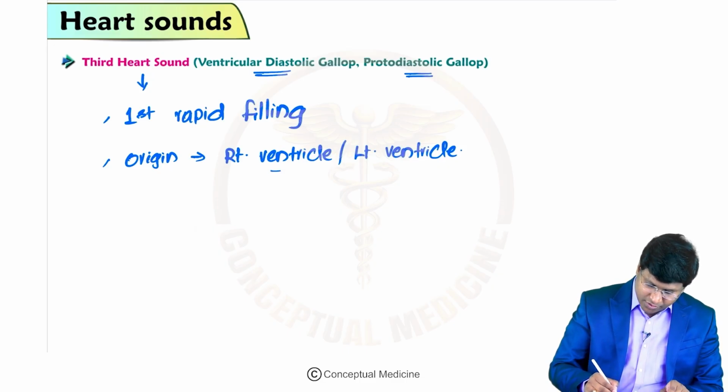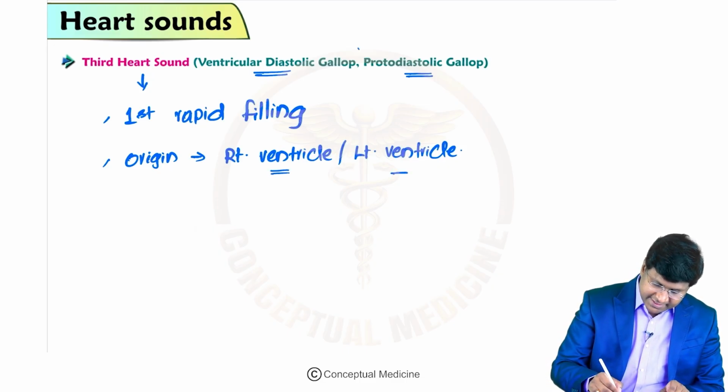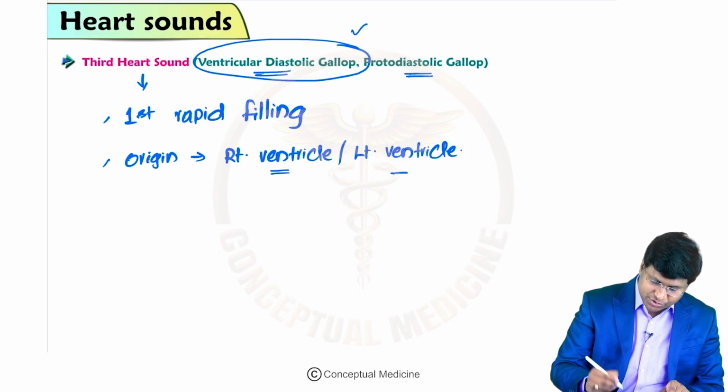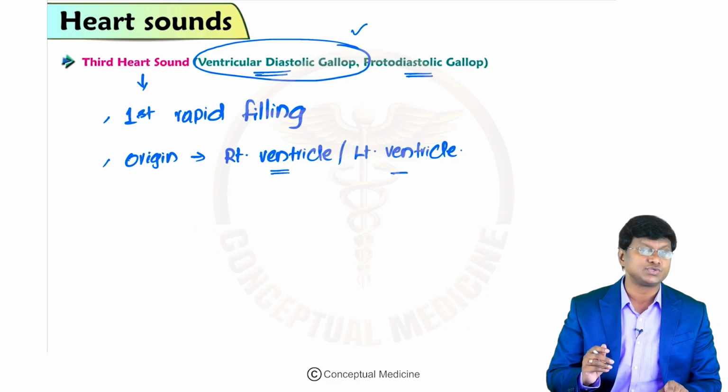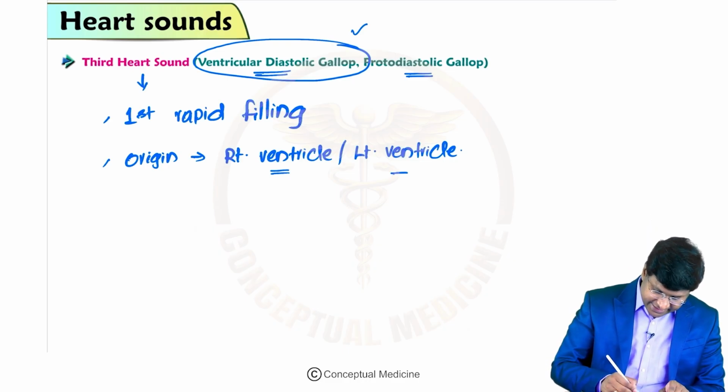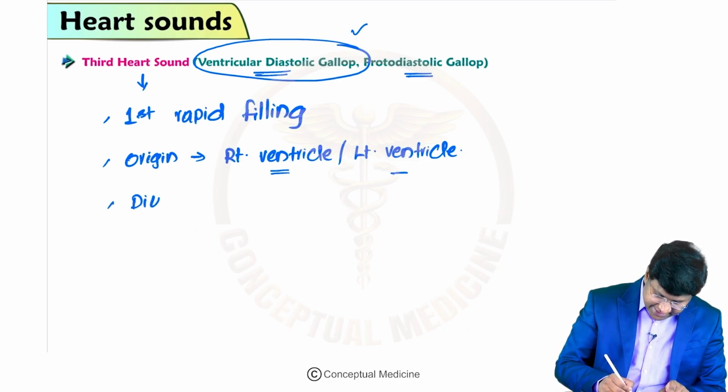And because the origin is in the ventricle, we call this ventricular diastolic gallop. And why is it called diastolic gallop? Because your third heart sound is a diastolic sound.